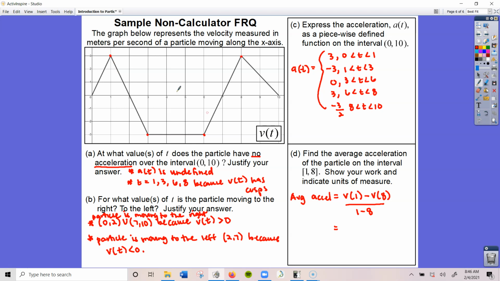V of 1 is 3 minus v of 8 is 3 over 1 minus 8, which is -7. Now this is just 0 divided by -7. So my average acceleration for that section would be 0. And then even though it's 0, we still want to include the units, which is meters per second squared. And that's particle motion.